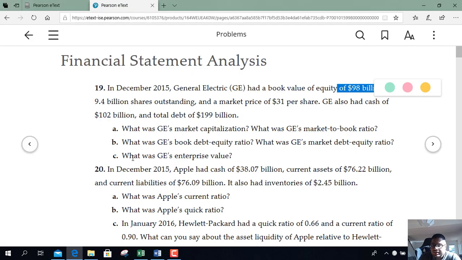Okay. What is GE's enterprise value? Now how do you calculate enterprise value? It is the market value of equity plus debt minus the total cash it has.